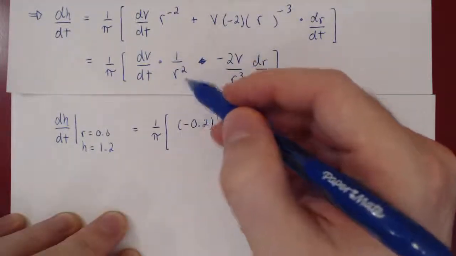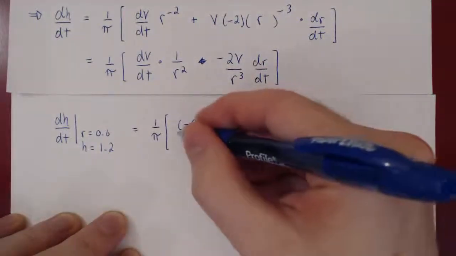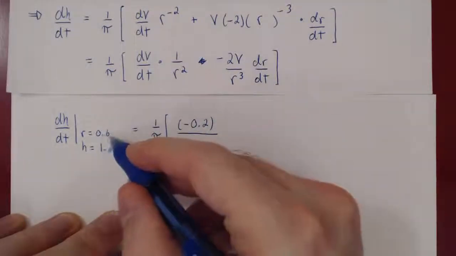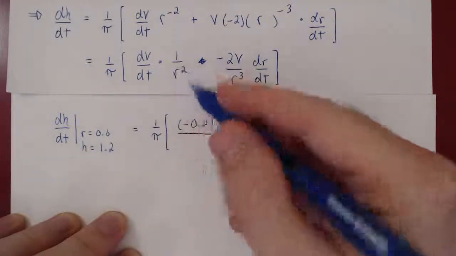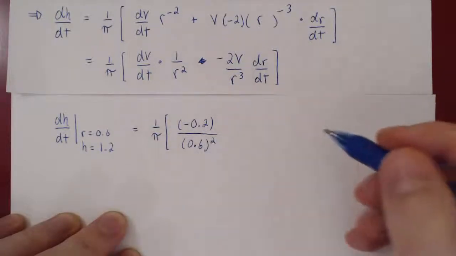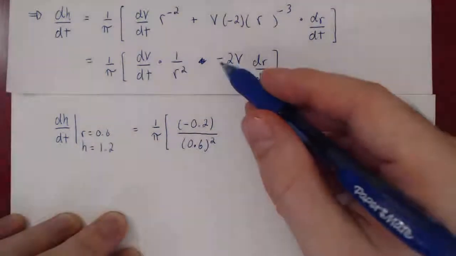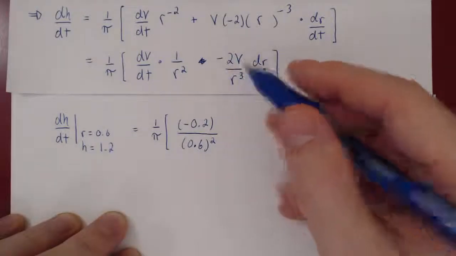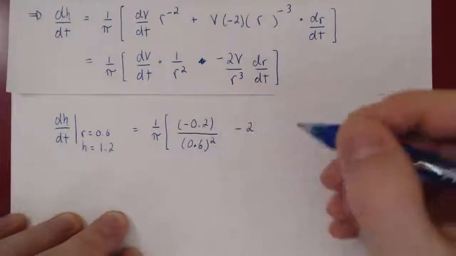And we multiply by 1 over r squared, so we divide by the radius squared. But the radius is 0.6, so it's over 0.6 squared. And then minus 2 times the volume.